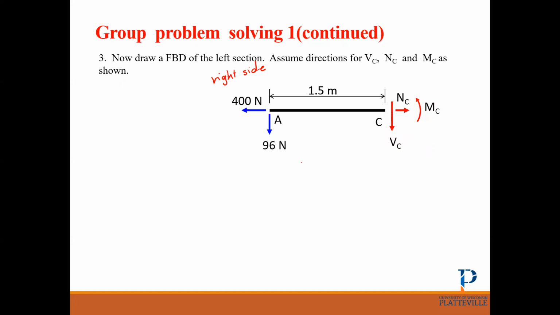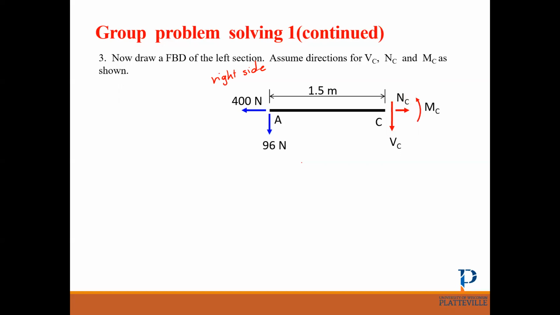All right, now we have a simple beam with some unknown loads. How many unknowns do we have? 3. How many equations do we have? 3 equilibrium equations. So you can stop the video and write sum of Fx, sum of Fy, and sum of the moment equals 0 and find all these forces that we don't know.